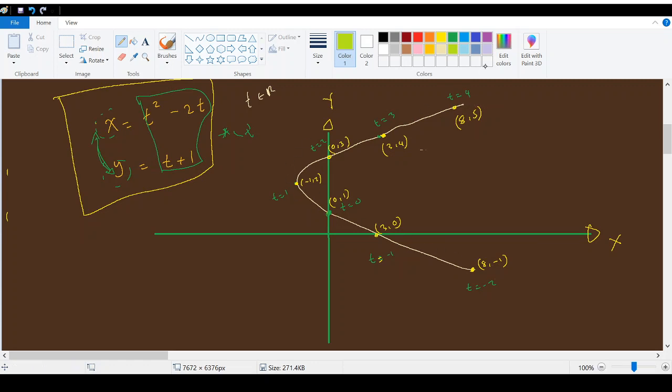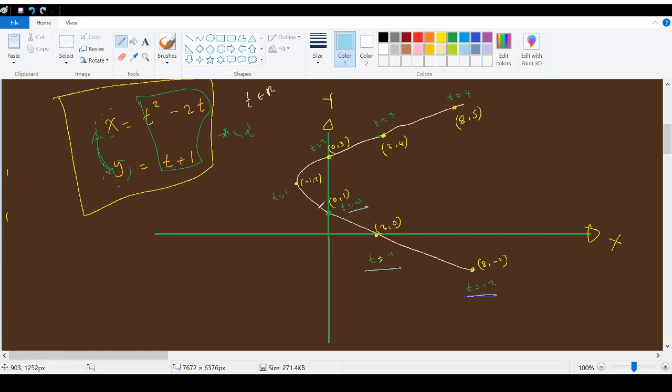In this graph we can see that this point corresponds to t equals -2, this is for -1, this is for 0, 1, 2, 3, 4, likewise.